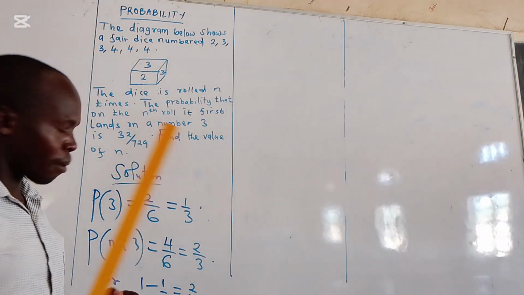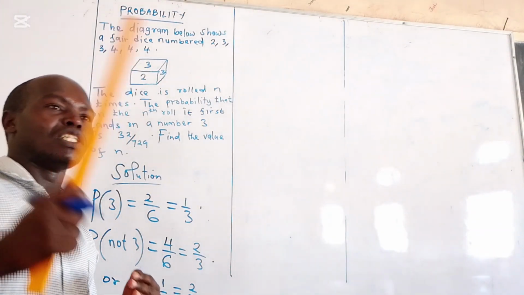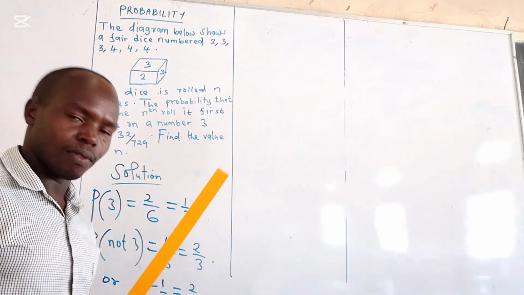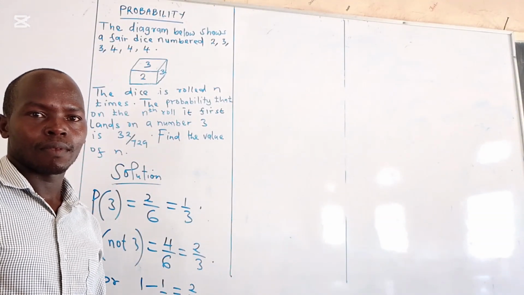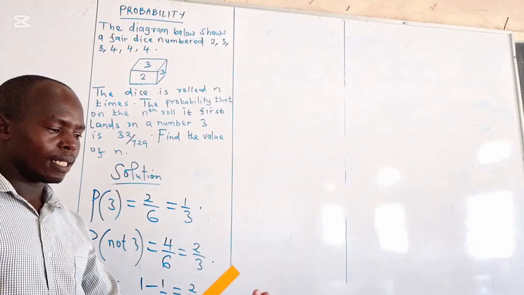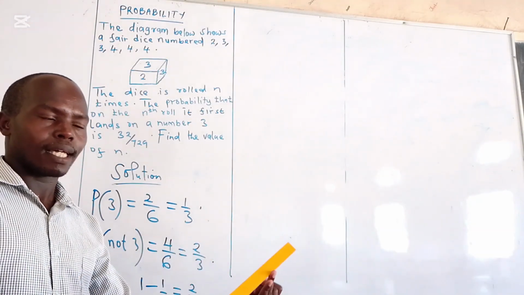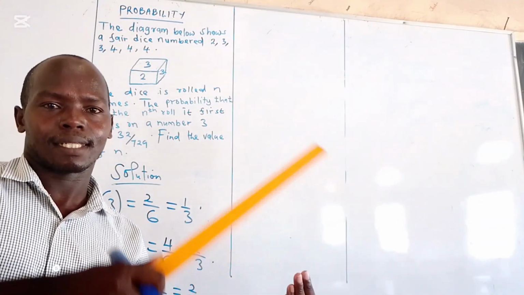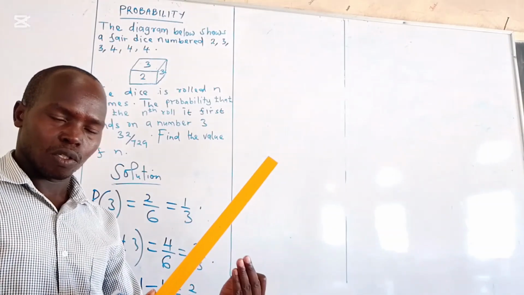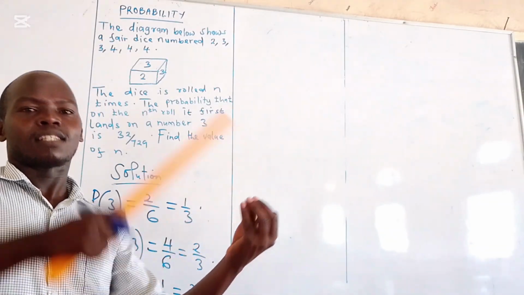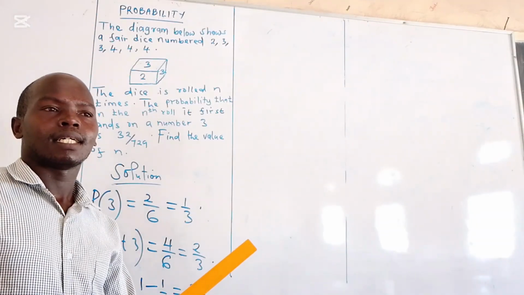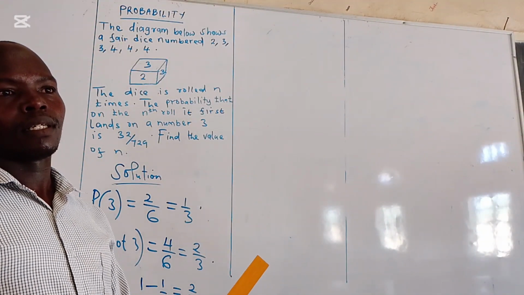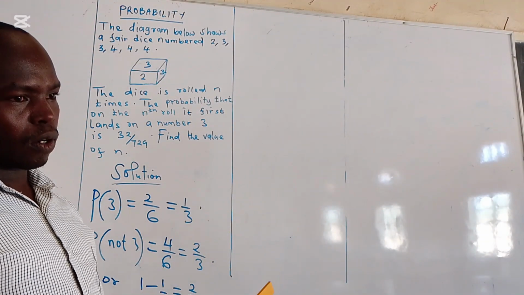So what is the probability that during the nth roll it is a 3 appearing? It will be the probability that in the first roll, second roll, up to the n minus 1 roll, a 3 is not appearing, times the probability that a 3 appears in the last roll.